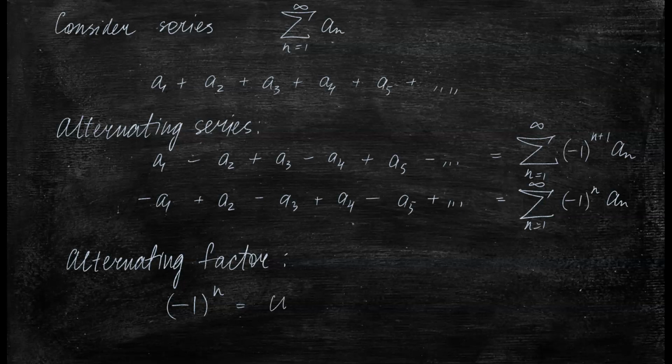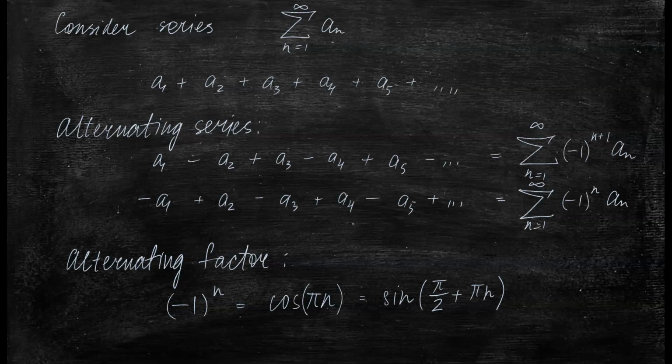However, there are also some non-trivial ways to create an alternating factor, such as cosine of pi n. You can easily verify that when n is 1, cosine of pi is -1. So it does exactly the same job as -1 to the power n. And even less trivial, I guess, would be something like this, right? When n is 1, sine of 3 pi over 2 is -1.